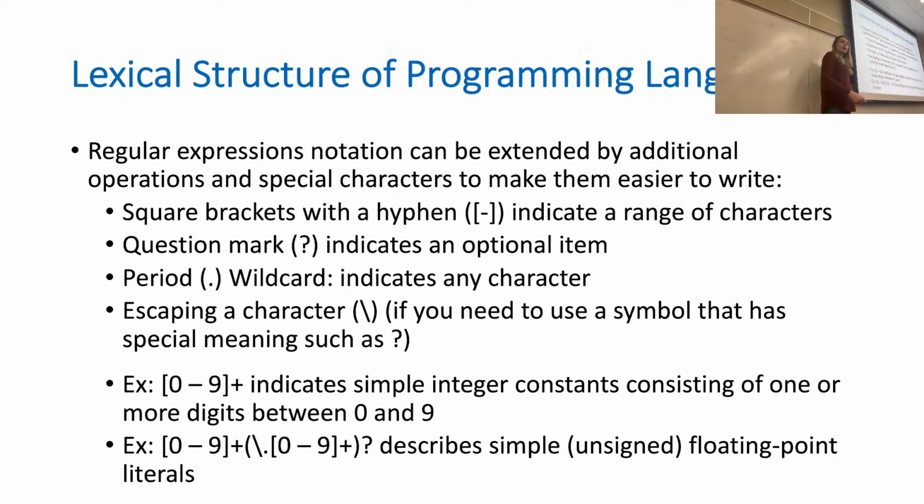So, also, we talked about repetition, and that can be a trailing plus or asterisk. If it's a plus, it's 1 or more repetitions. If it's an asterisk, it's 0 or more repetitions. Okay. So, square bracket 0 through 9, closing bracket, plus, indicates simple integer constants consisting of 1 or more digits between 0 and 9.